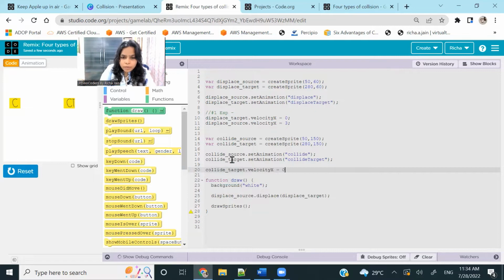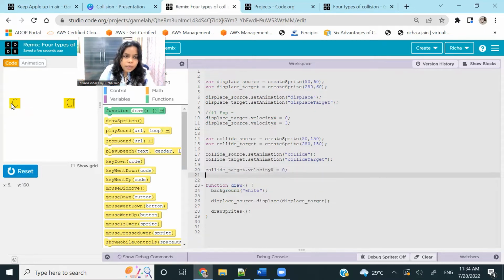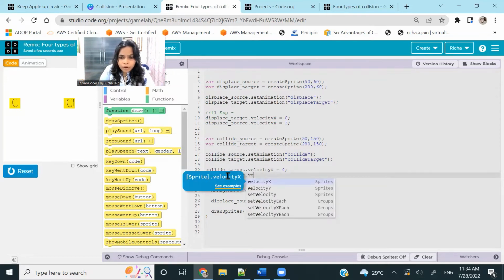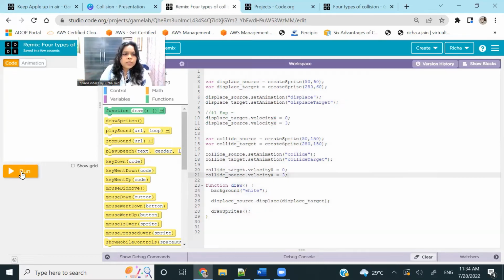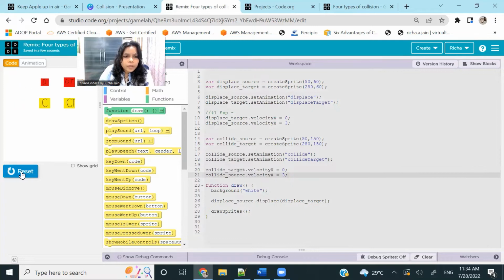To collide source, I am going to give the velocity x as, for example, 2. We can give any. Let me give 3. So reset and run it. It passes on because I have just given them the velocity. I have still not written the code to collide.